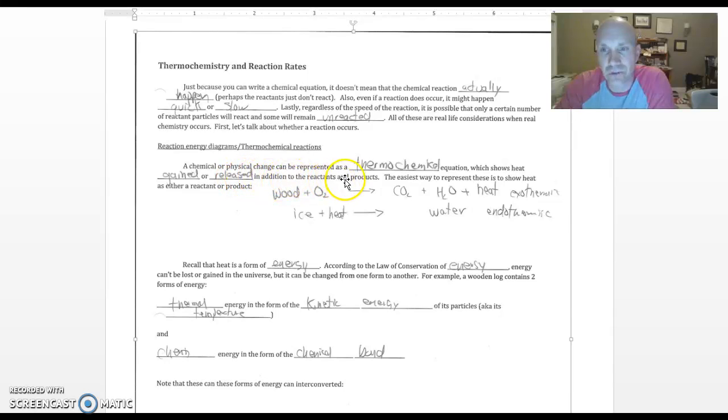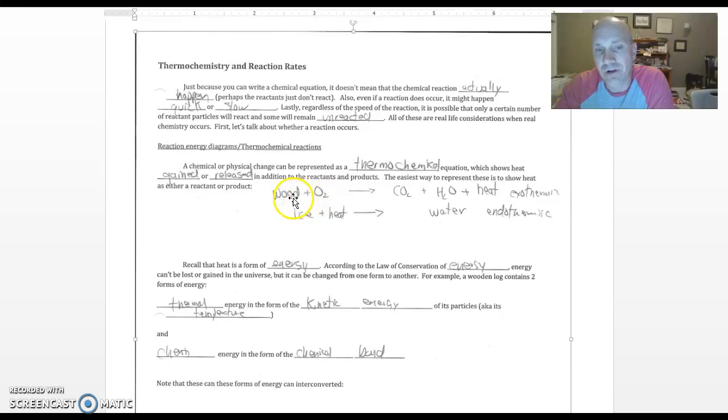There are several ways to represent this, and just like in the English language, we can have synonyms, which are multiple words that say the same thing. We can have multiple ways of saying the same thing with a reaction.